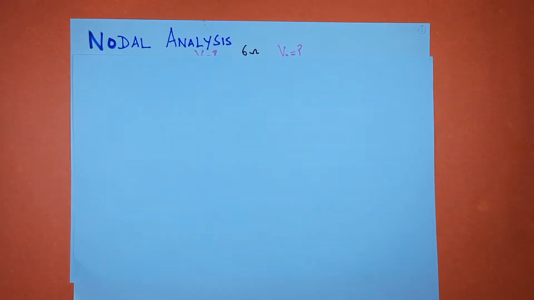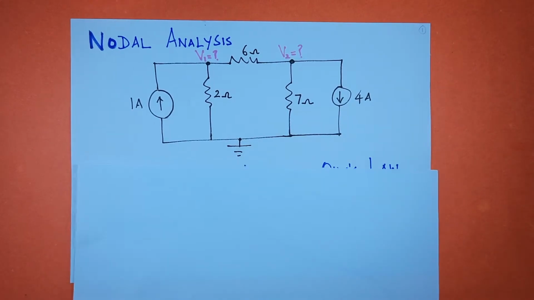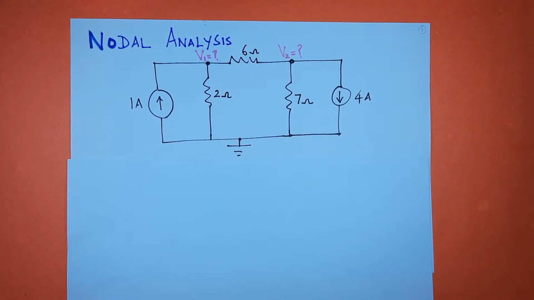We will understand this nodal analysis through a simple example. This is the circuit which we are going to analyze. Here we have two current sources and three resistors.